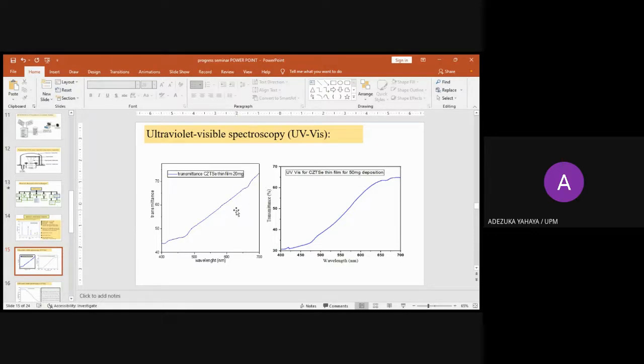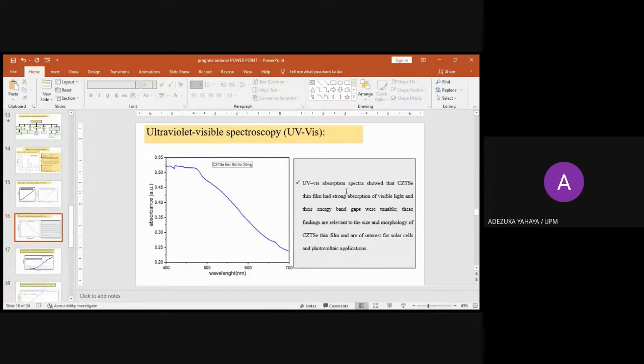From the analysis of the graph here, you can see that the transmittance from 20 mg has the highest transmission as compared to 50 mg. That shows the bigger the sample, the smaller the transmission.